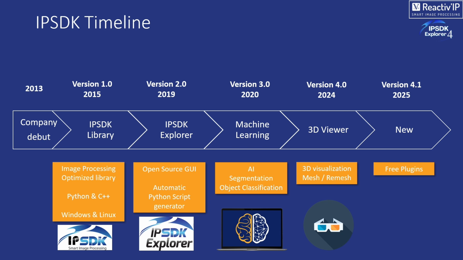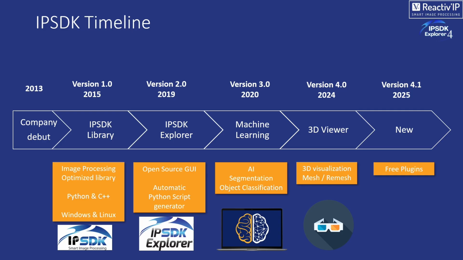At that time, there was no graphical user interface dedicated to developers or to be distributed on clusters. And it was already using the de facto standards of computation, Python and C++, and also usable on Windows and Linux. That was the foundations, the base part of IPSDK.